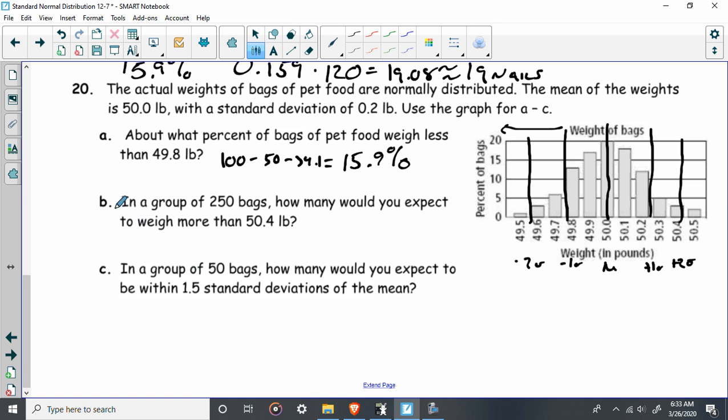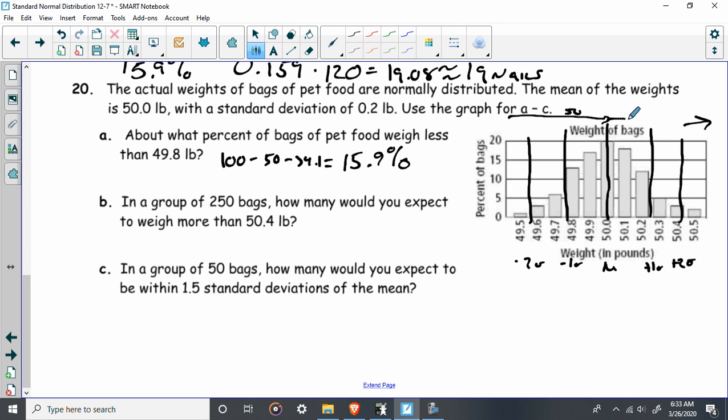In a group of 250 bags, so they're giving you the number of bags, how many would you expect to be more than 50.4? So how many are going to be up here? So it should be a smaller number, right? But it's the same idea, guys. If we had, again, 50% brings me to here, right?